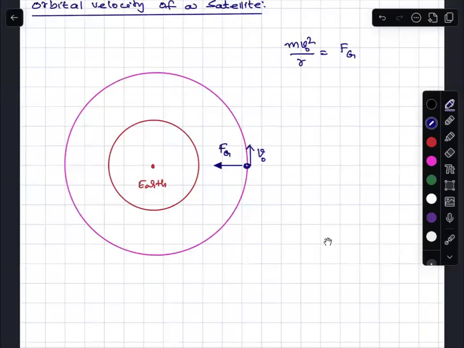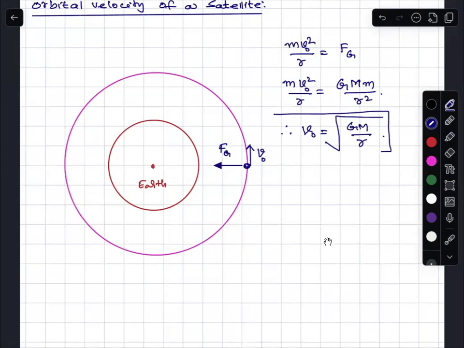It will move in a circular orbit, which means m v0 square by r is G M m by r square. So v0 is under root GM by r. This is the formula for orbital velocity. I should say orbital speed actually.